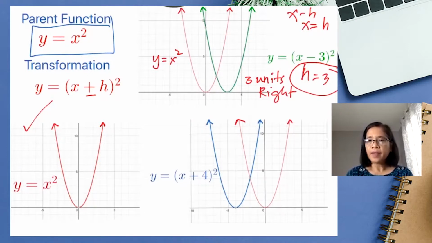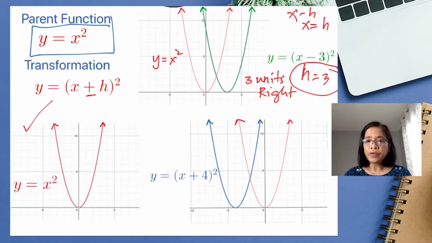Be careful because this is a common misconception. Students sometimes think because it's x minus 3, they have to move to the left. That is not the case. You have to solve for h here. h is equal to 3.